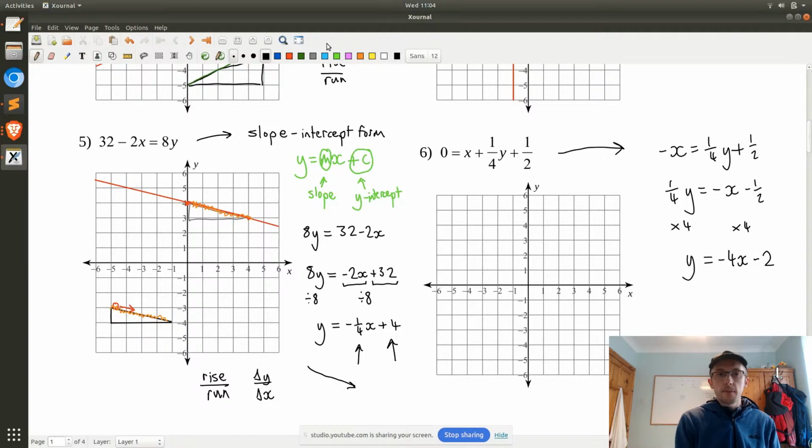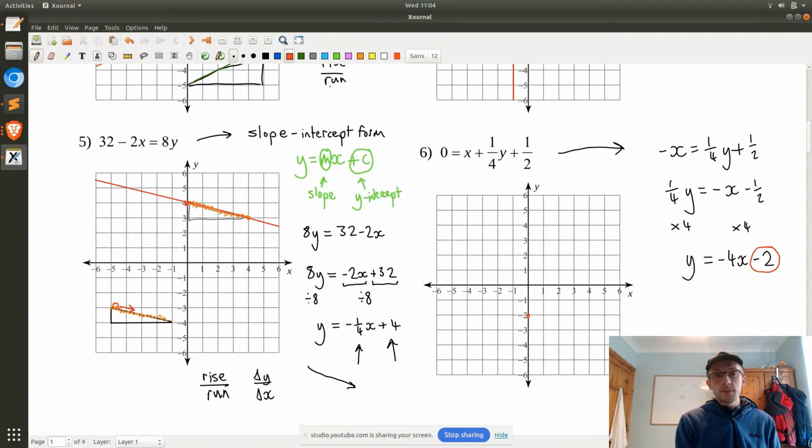Okay. Figure out a point on the line. We know that it will pass through -2 on the y-axis. We know that. But then what other point will it pass through? That's another way that we can do it. We can just establish another point that it will pass through.